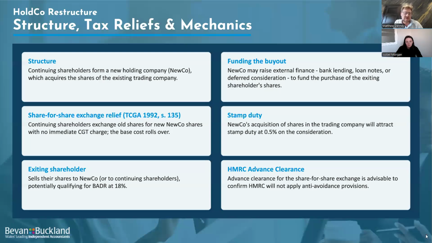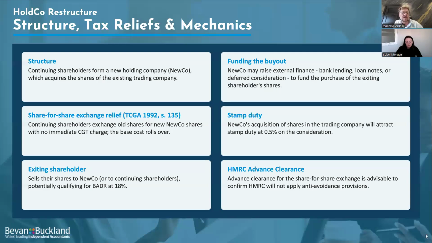Any ongoing shareholders can roll over their shares into the new company and they don't have any tax to pay. And the exiting shareholders' tax will depend on how they take their consideration. But all the consideration is typically funded by TradeCo essentially lending money up to the holding company, even in the context of the trading company borrowing money from a third party.